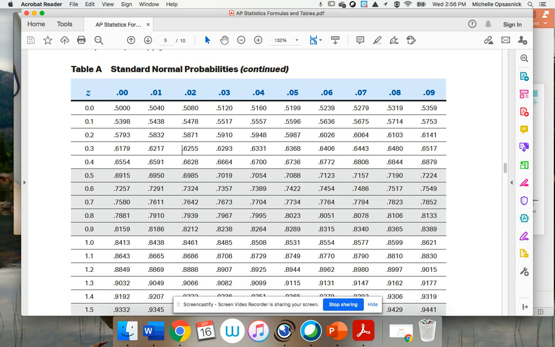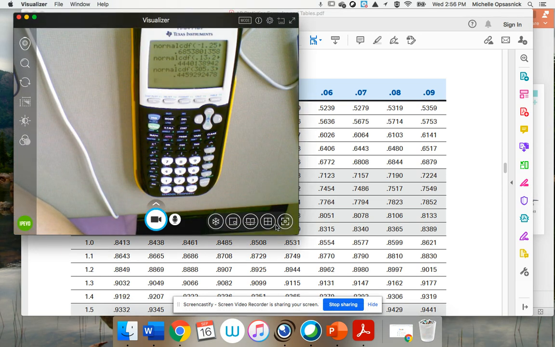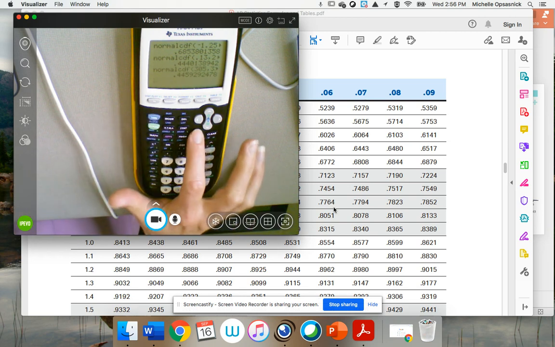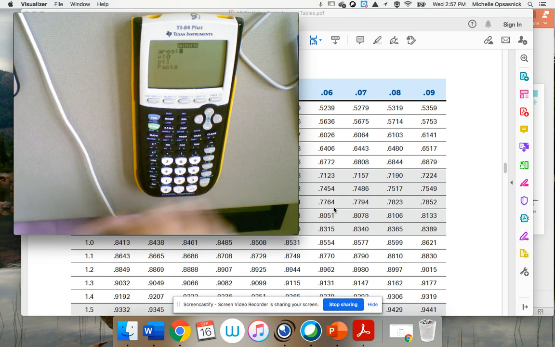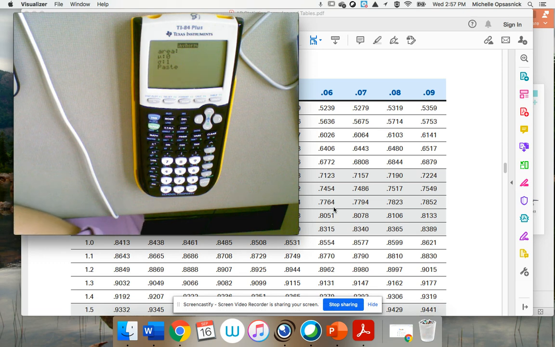So on the calculator, if I pull that back up, you have another option on the calculator, still under the distribution menu. It's the inverse norm function, so option 3. The inverse norm is going to be the area to the left as a decimal.